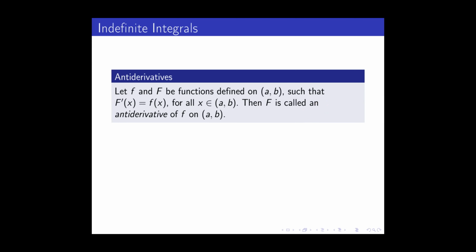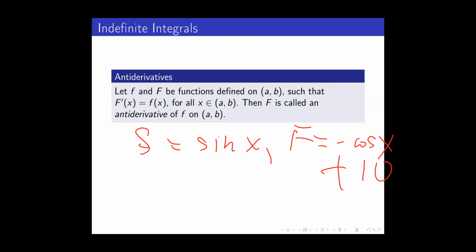So for example here, you can take f to be sine x, and capital F is minus cosine x. And to minus cosine x, you can add any constant, so say plus 10. It's still an antiderivative of f.